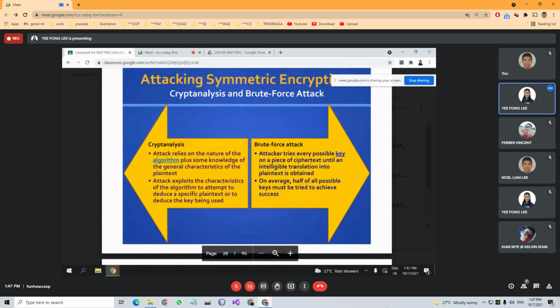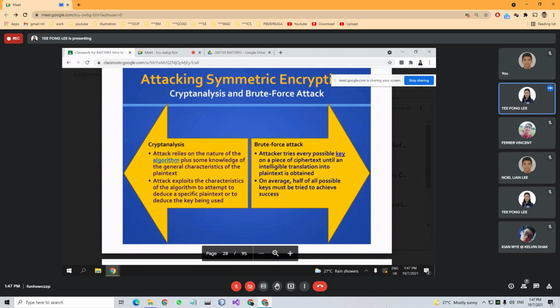Right, look at the next slide here. Differences between cryptanalysis and brute force attack. Do you know the objective of attacking the encryption system, what's the purpose here?